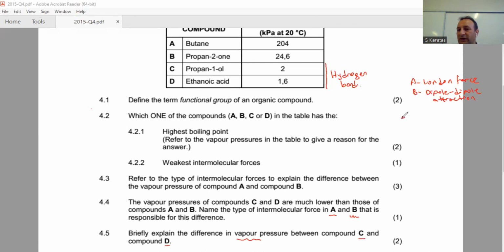So here what we say, compounds C and D form hydrogen bonds, but compound C has more sites, or you can say two sites, to form more intermolecular forces.